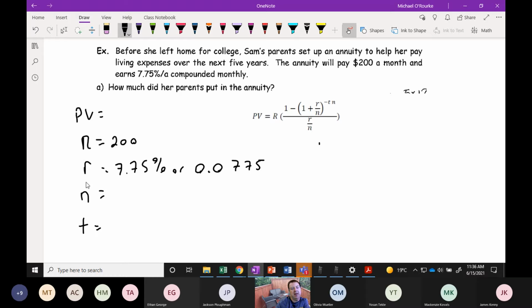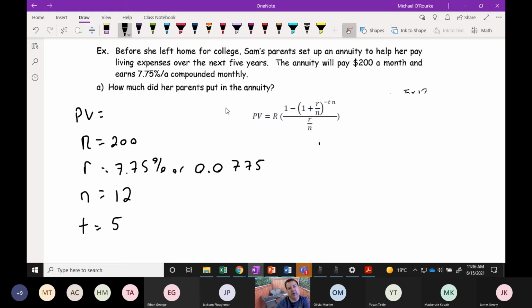And how many times is it compounded per year? N's 12, correct? And T is 5. Perfect.